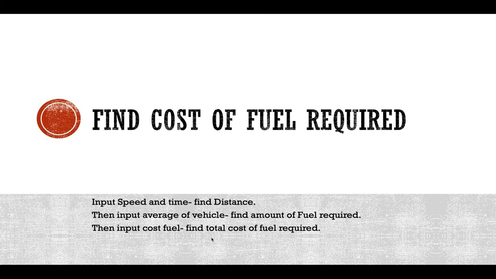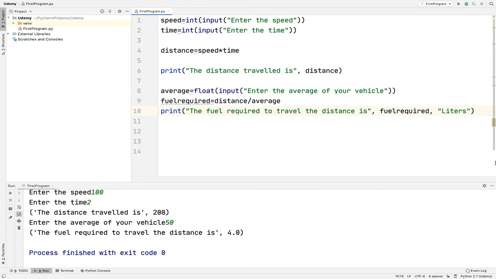Now let us continue with our program. Okay, so over here I have found out the amount of petrol required. Then I will write it as rate. Rate is suppose integer, so I will write int input, enter the cost of petrol or fuel per liter.